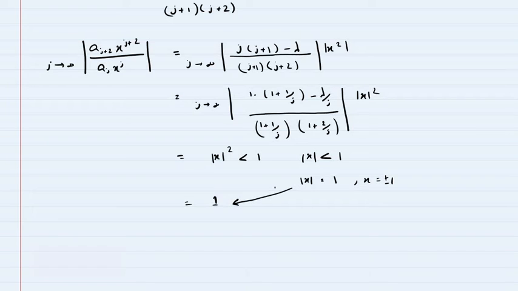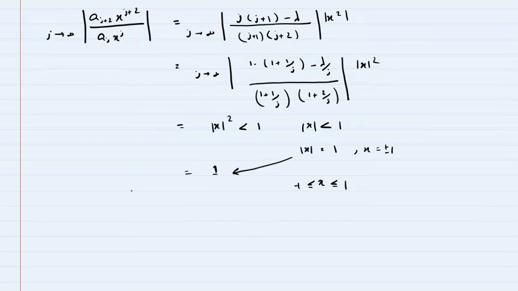Therefore, to make sure the series converges for all the range of x values that we are interested in, minus 1 to plus 1, we need to make sure that the series terminates at some point, which means at some j value, j times j plus 1 is equal to lambda. So that maximum j value, I am going to write as L. Lambda is equal to L times L plus 1.